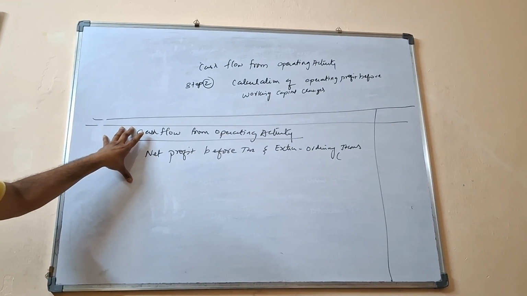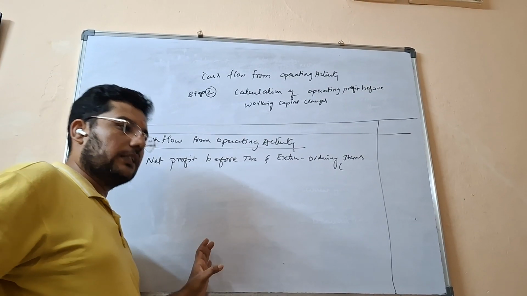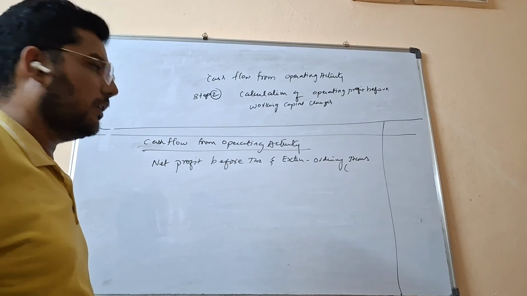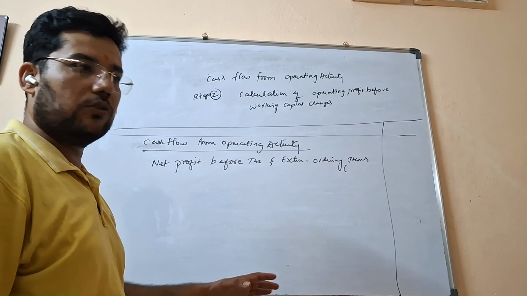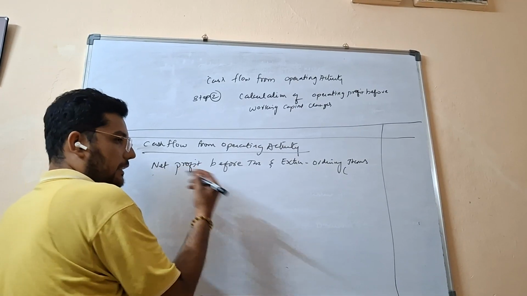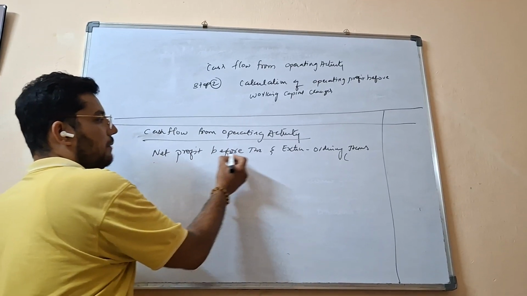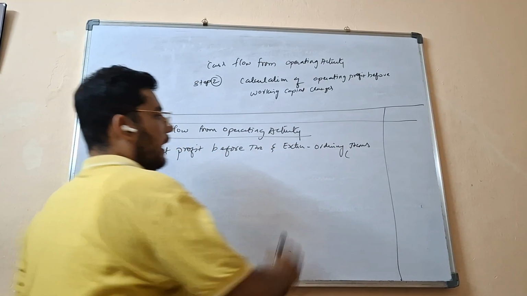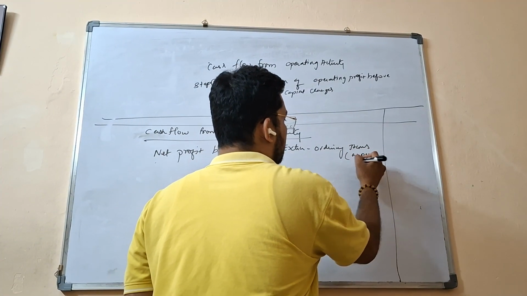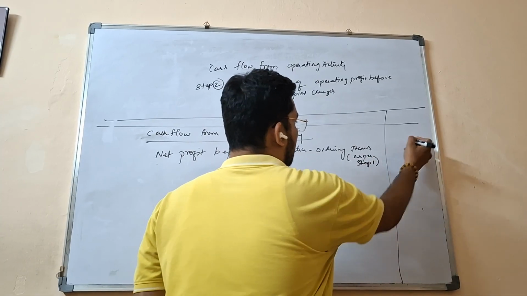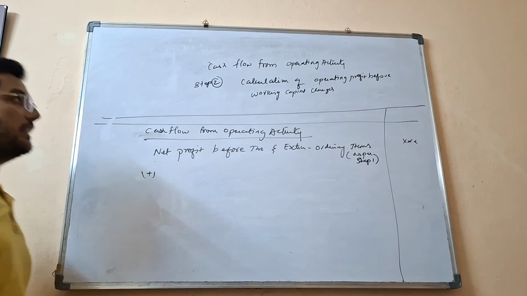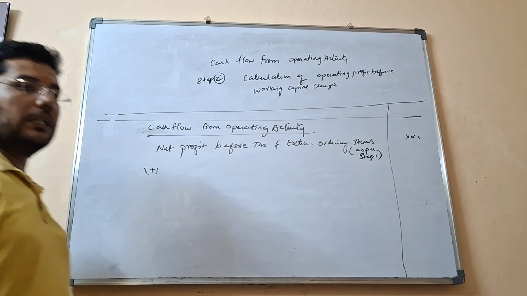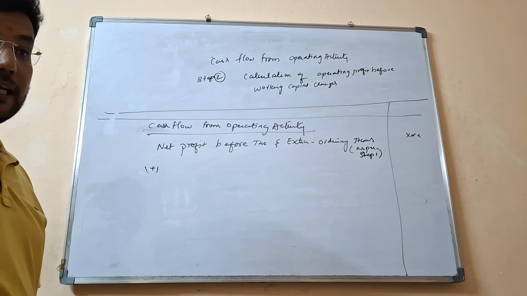If there is no extraordinary items and all, if only directly surplus, that is balance in statement of profit and loss, you will do surplus, that is balance in statement of profit and loss, closing minus opening. Or if extraordinary items are there, net profit before tax and extraordinary items, as per step 1. Then step 2 starts with calculation of operating profit before working capital changes.